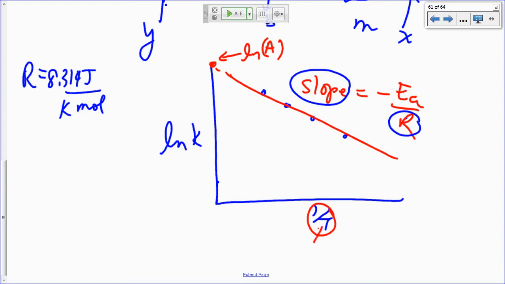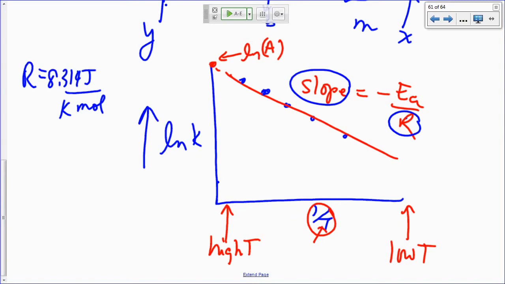The bigger that denominator is, the smaller 1 over T is. So this side of my graph, the left side, represents high temperature. 1 divided by a smaller number would give you a bigger overall number, so the right side of this graph represents low temperature. Is that consistent with what we expect? At high temperature, you have faster rates, larger rate constants. At low temperature, you have lower rate constants, slower reactions.